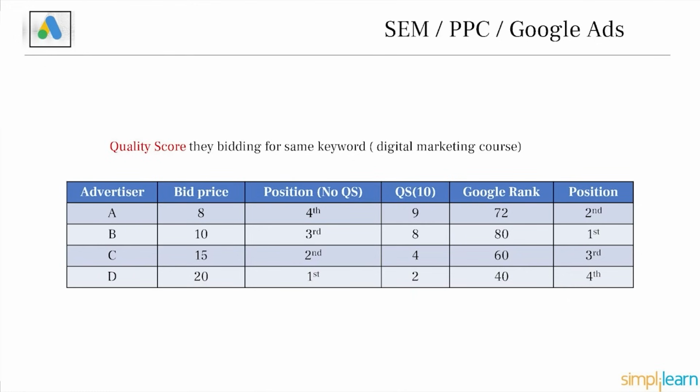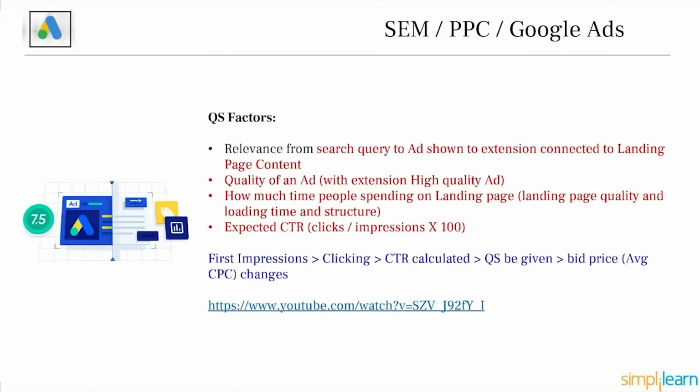Google always tries to show the ads that are best for the users, because Google always gives great importance to user behavior and user expectations. With that said, you will understand more about the factors that result in the quality score, like relevance score.